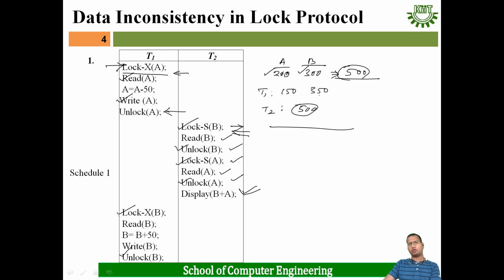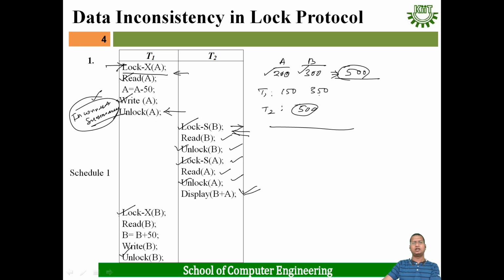Already we have seen this as the incorrect summary problem, a concurrency control problem. And when we apply the lock-based protocol, the locks are applied properly. There is no problem in applying locks and unlocking. Then we have to analyze whether the incorrect summary problem is there or not.